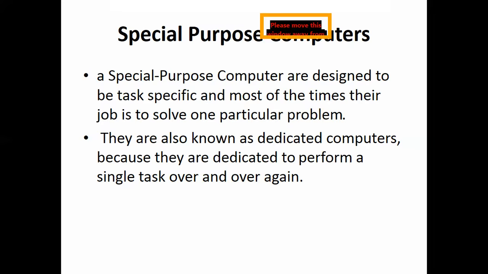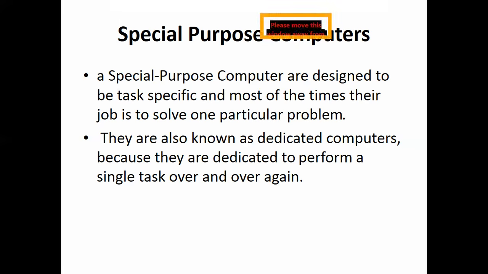When you go into a supermarket or a chain store such as ShopRite or Pick and Pay, there are those computers that are used at the tills where you go to make your payment. Now, those computer systems, you find that they are specially developed just for that task.